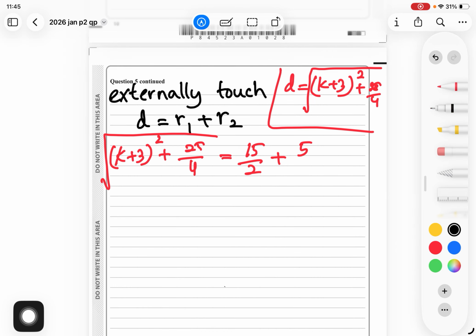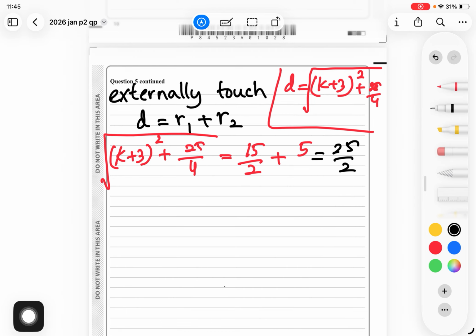Let's go to this step. This side here is going to be 15 divided by 2 plus 5, so it's going to be 25 divided by 2. So you have this whole expression, so I'm not rewriting it. Once we have this, I'll write it in this step so that I can utilize this step for the next one.